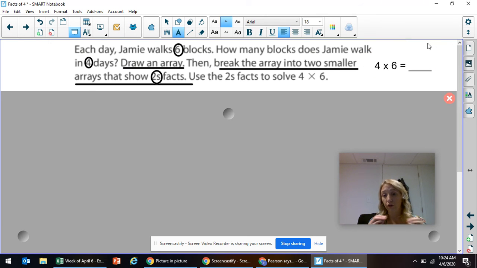So I want you to draw an array. Remember, the first number for multiplication is always your rows. So draw your 4 rows first and put 6 in each row. See if you can do that. Remember, make sure your circles are just nice, small, simple circles. 4 going down, 6 going across.